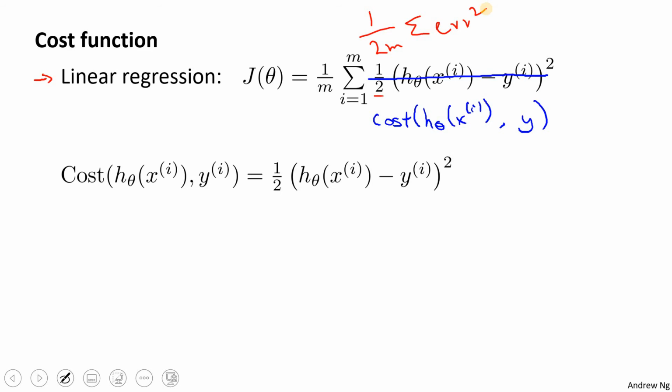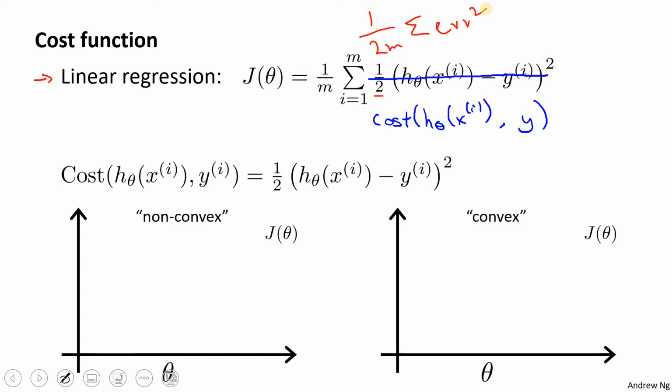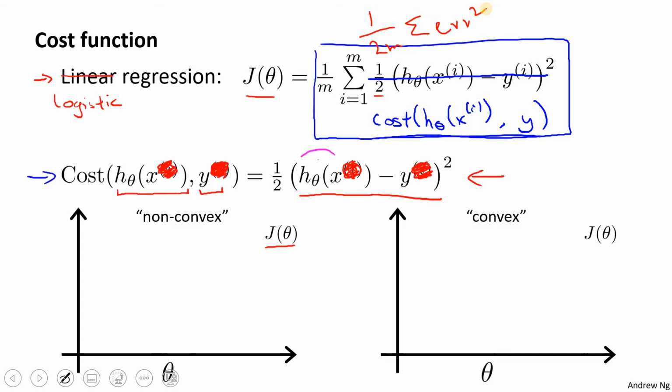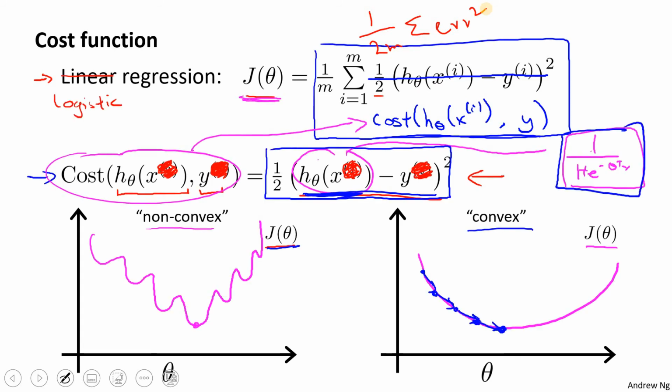So this was the previous cost function. Remember, the cost function gives us some sort of shape for the J value.